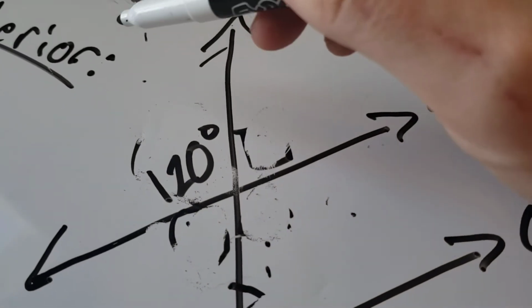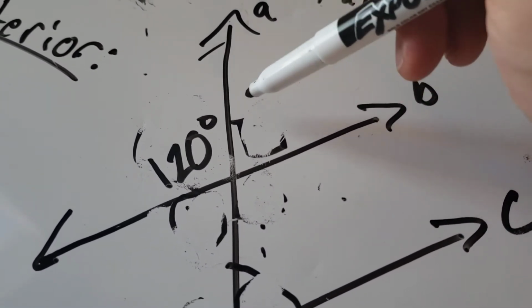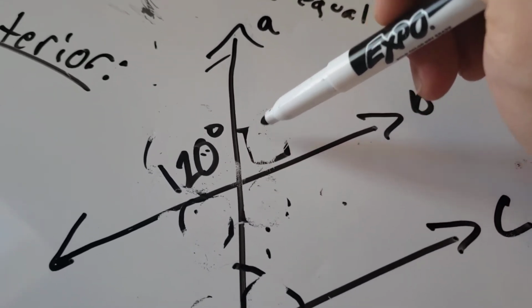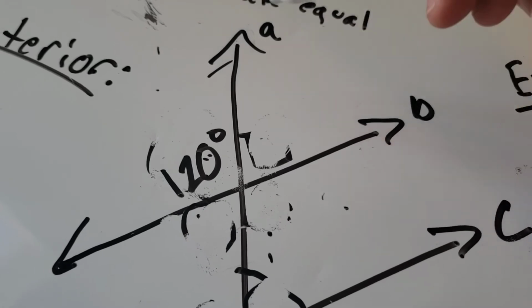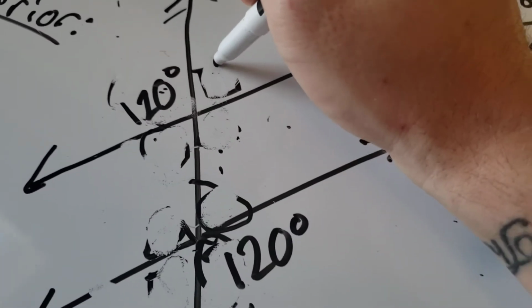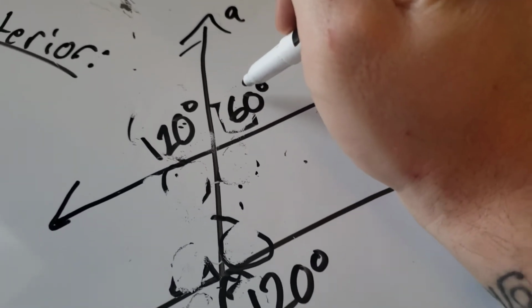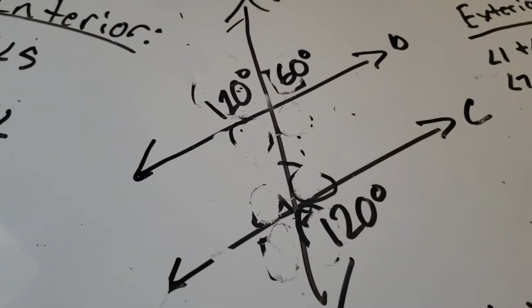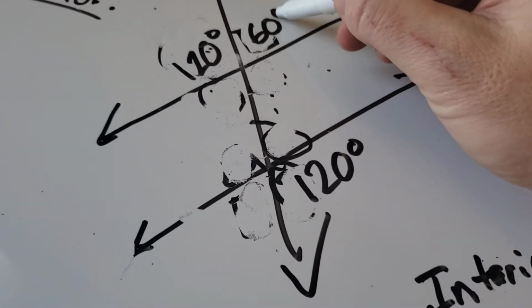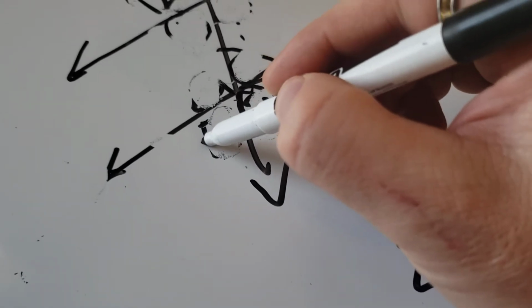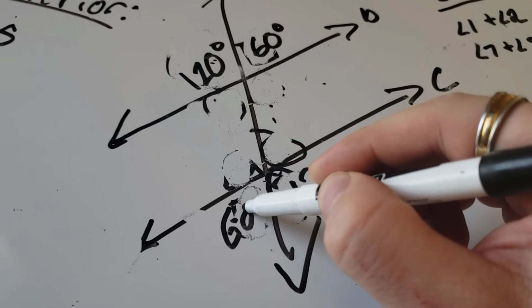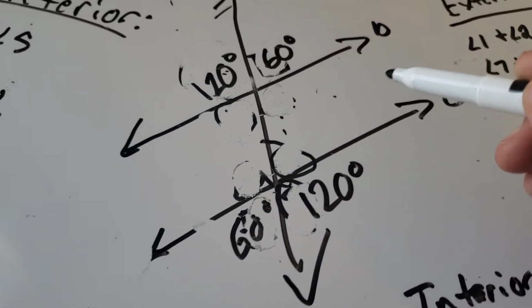Now, we can figure out this angle right here because this 120 degree angle and this angle right here are supplementary, meaning they have to add up to 180 degrees. So 180 minus 120 gives us 60 degrees. This angle has to be 60 degrees. Next, alternate exterior angles. If this is 60 degrees, this angle right here is an alternate exterior angle. Therefore, this angle is also 60 degrees.